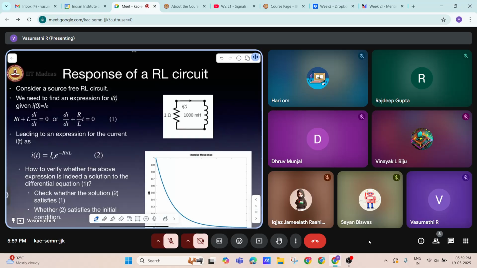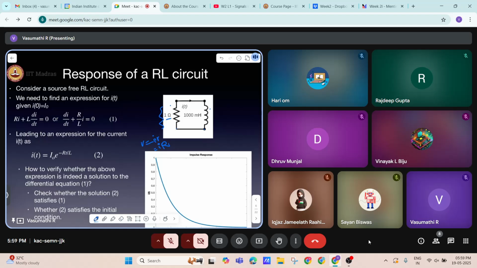Okay. So this is one example where we start with an RL circuit, which involves one resistor and one inductor. If we want to write the equation of the circuit using KVL or KCL, I will start at this point. If I want to represent the voltage across this region, I will write V equal to I into R, that is I into resistance.